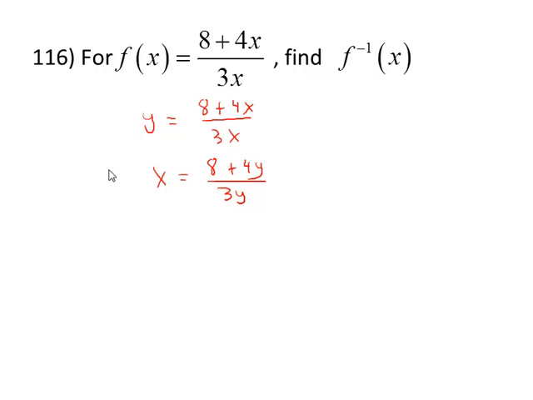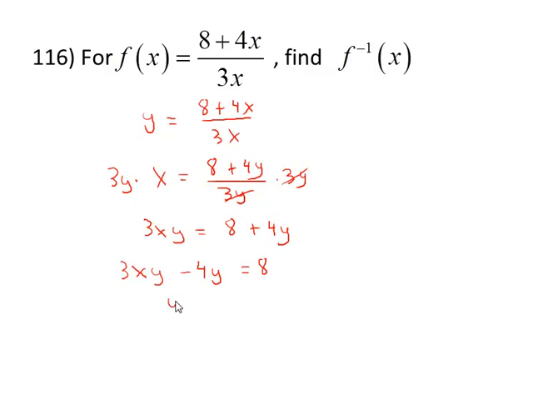We're going to multiply both sides by 3y to clear the fraction. So now I have 3xy equals 8 plus 4y. I'm trying to solve this equation for y. That means I need to get all the terms with y together. So I'll subtract the 4y over to the left side.